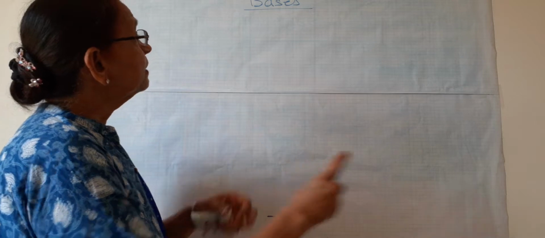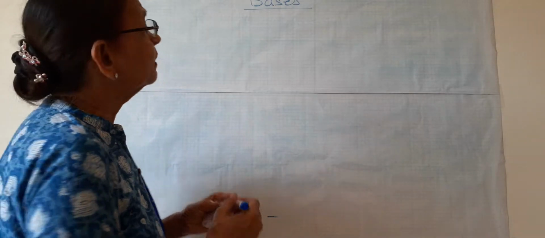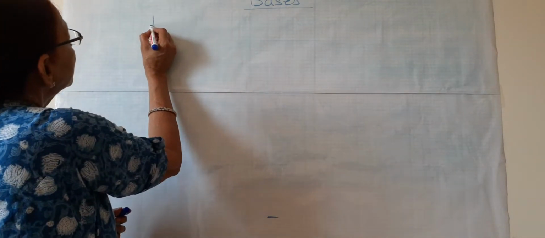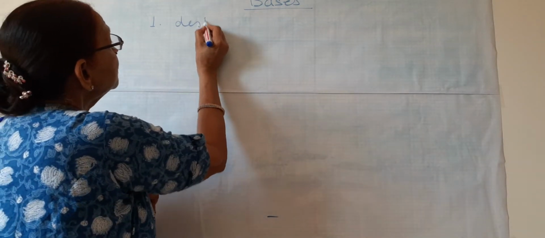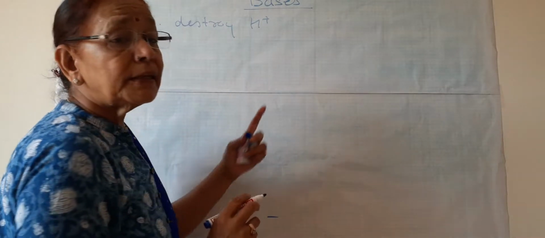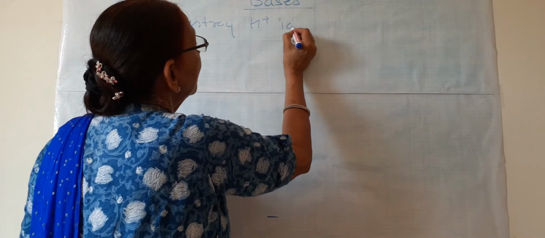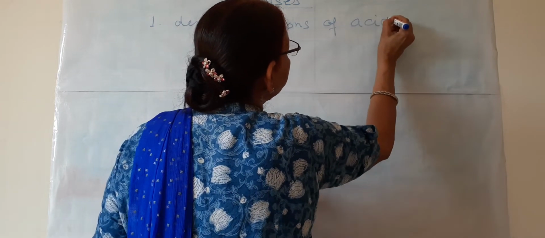So what should be the definition of the special important properties or characteristics of bases? First, an important characteristic is they destroy the acidic H ions of acids. What does it mean?